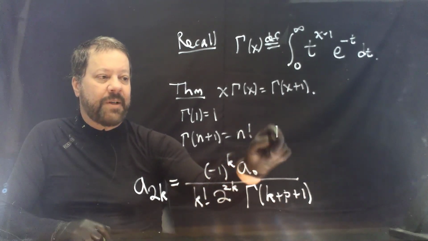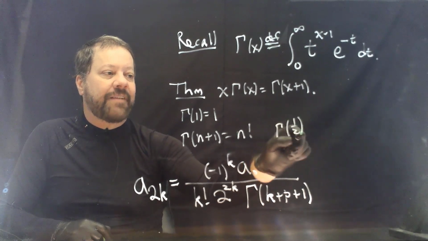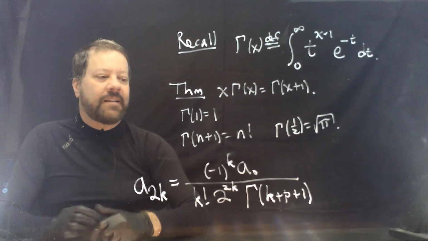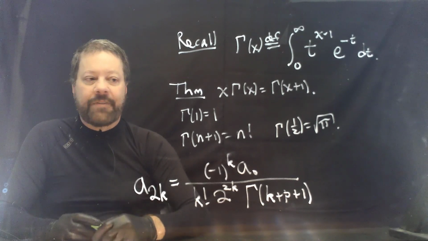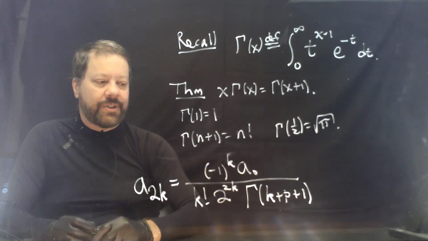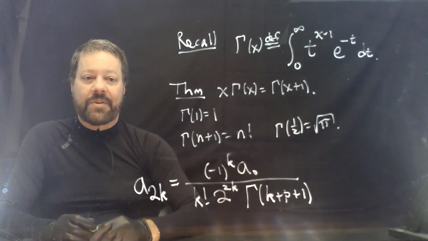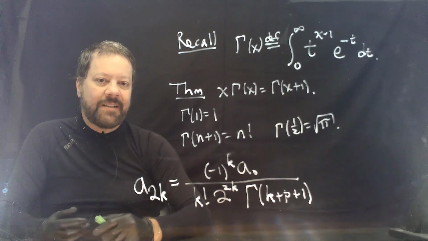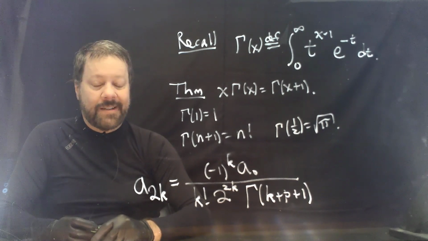You might also be aware that gamma of 1/2 ends up being the square root of pi. However, the gamma function extends this factorial notion to other values as well. In this case, p ends up being a natural number, so it won't be much of an extension in this case.